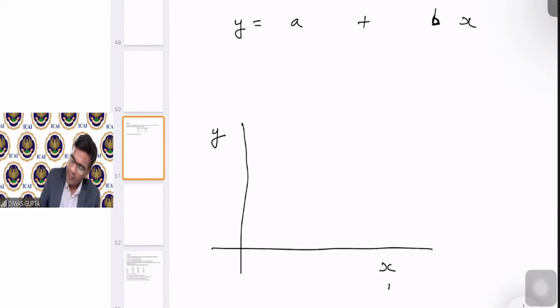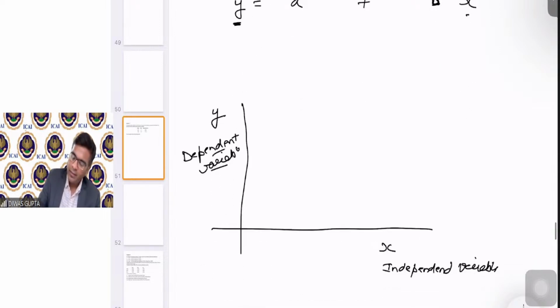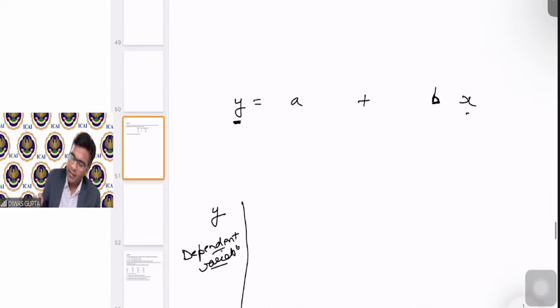This is the independent variable, and this is called the dependent variable. Why dependent? Because the value of y is dependent on x. In this, x and y are variables, a and b are constants.